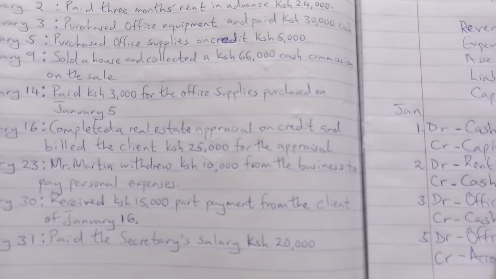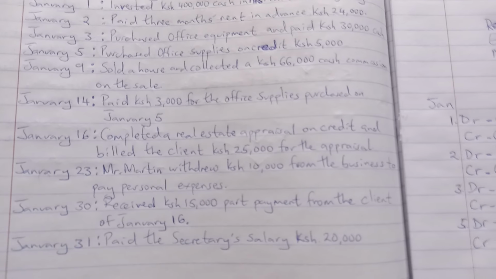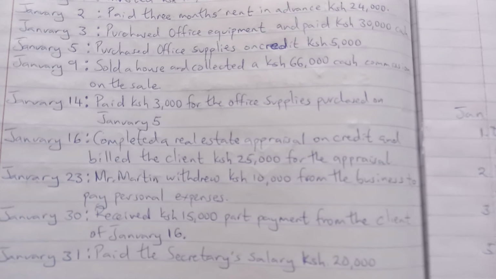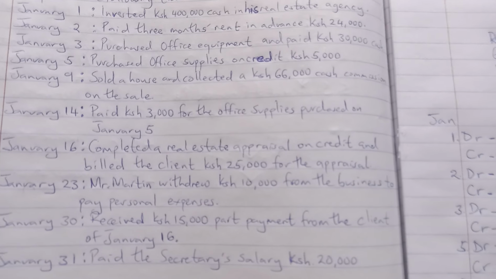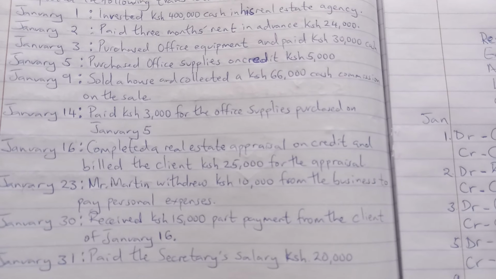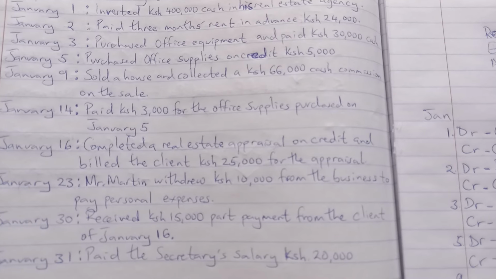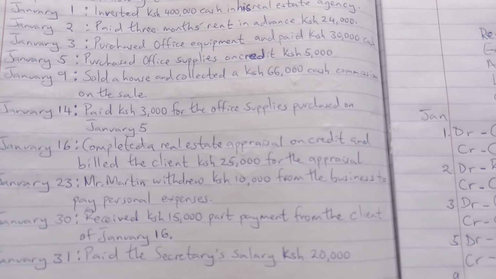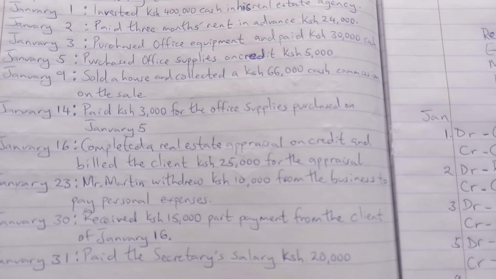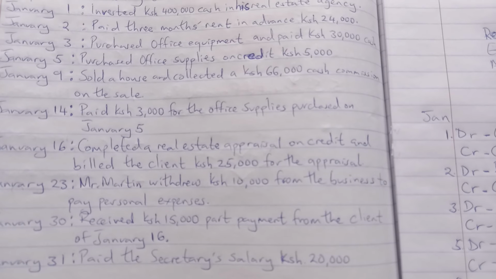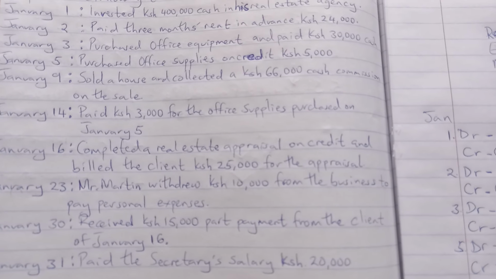I think now we are getting a hang of it, and I hope as we finish you will understand fully. So January 9, sold a house and collected 66,000 cash commission on the sale.